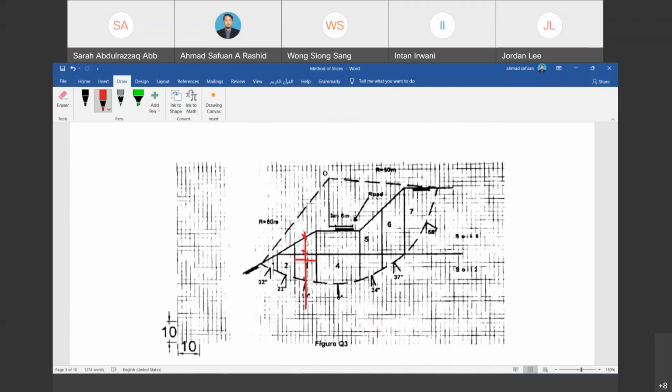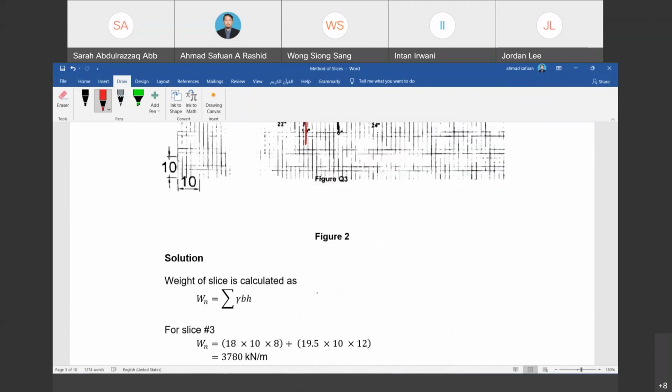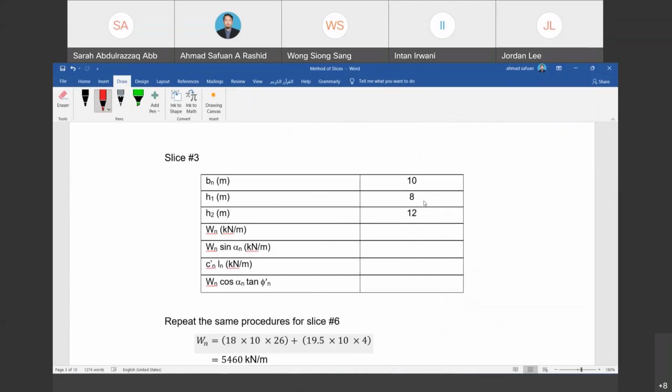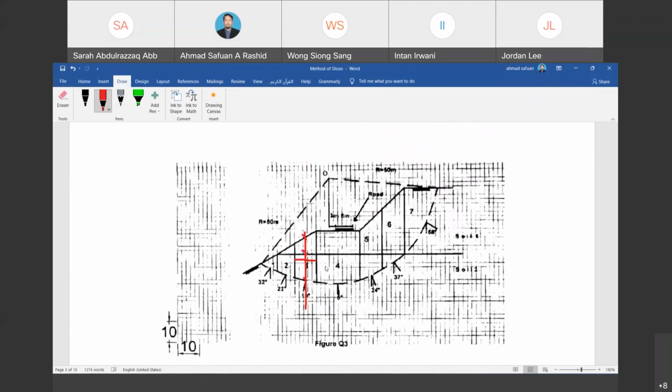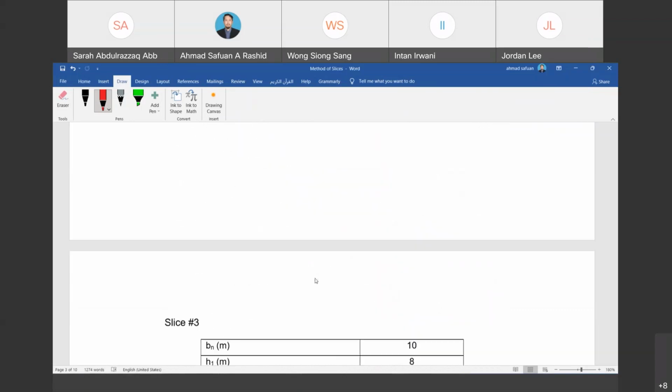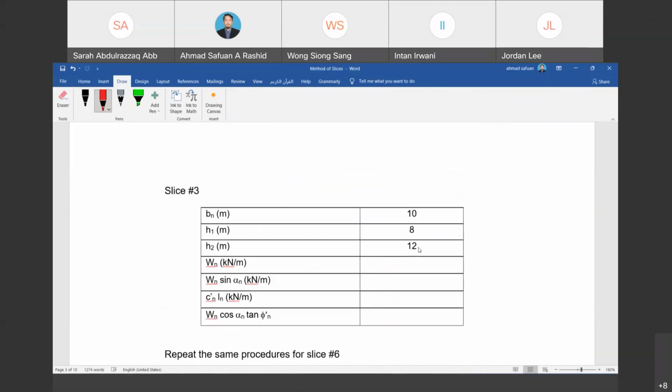We need to count, for example, the height for the first soil is written here as 8, which means it has 4 boxes. While the height for the second soil, for the slice, is equivalent to 12.